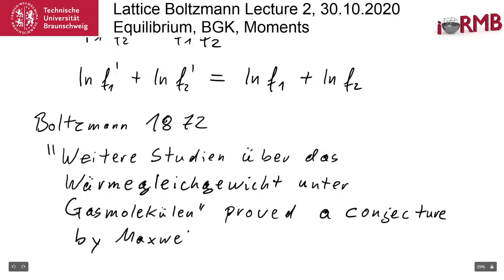This is why the equilibrium distribution is actually called the Maxwell distribution and not the Boltzmann distribution. So Maxwell already assumed 20 or 25 years earlier that the equilibrium had a certain form, but he was not able to prove this, and Boltzmann actually proved this.